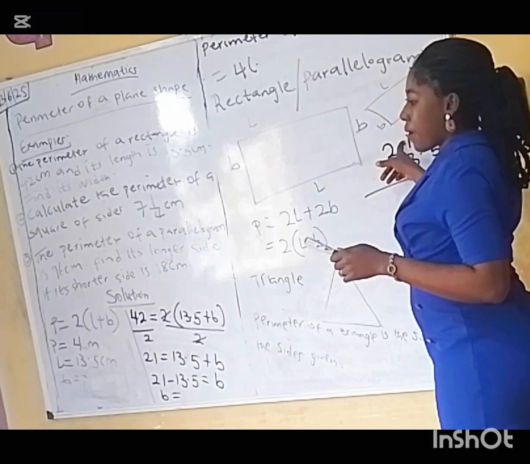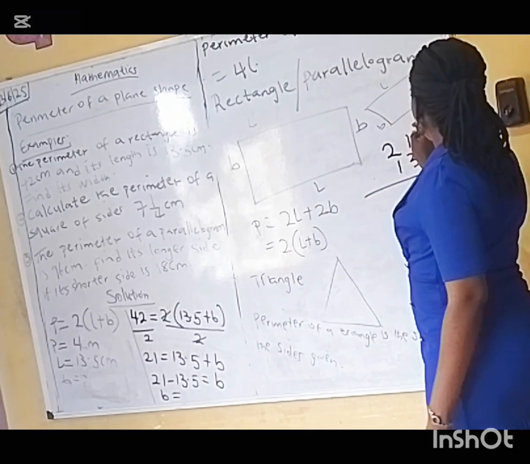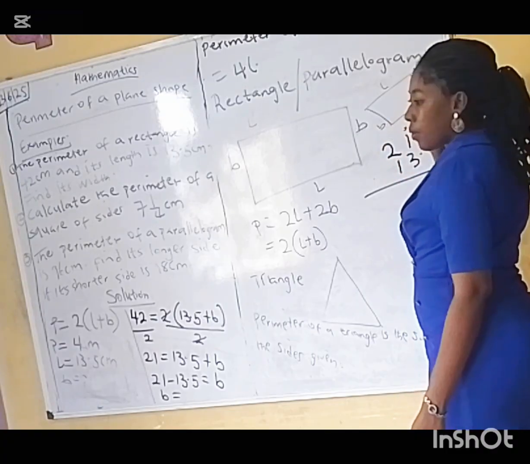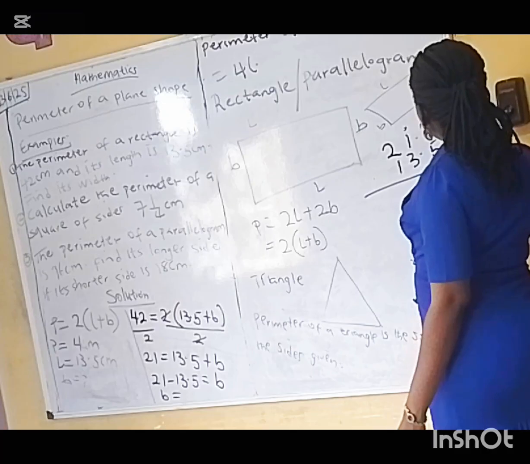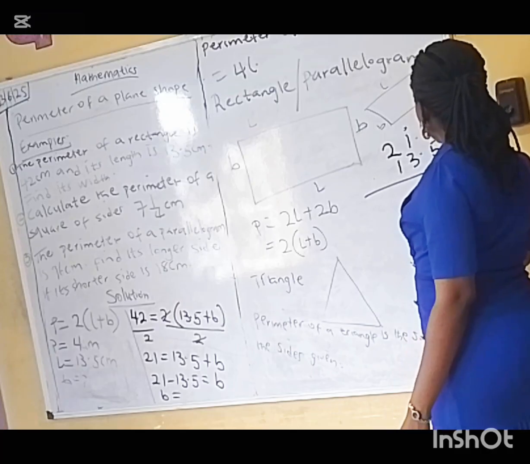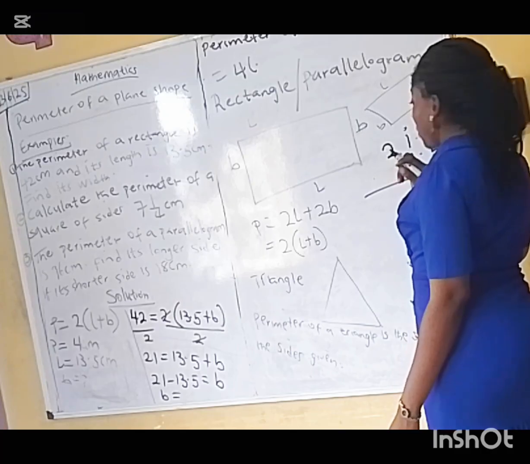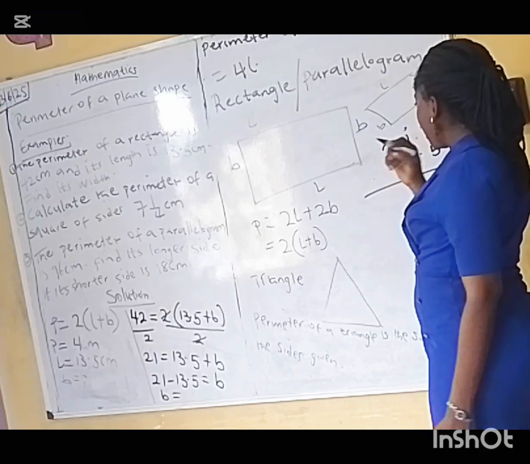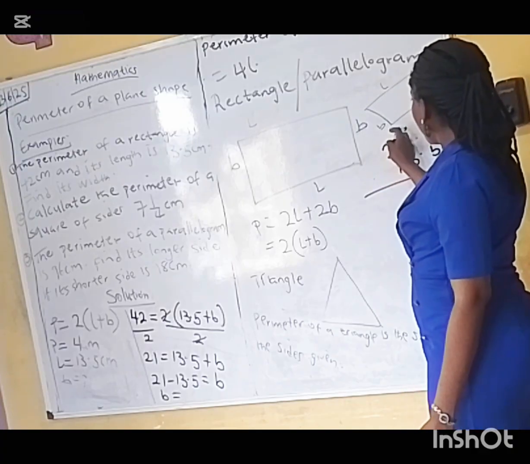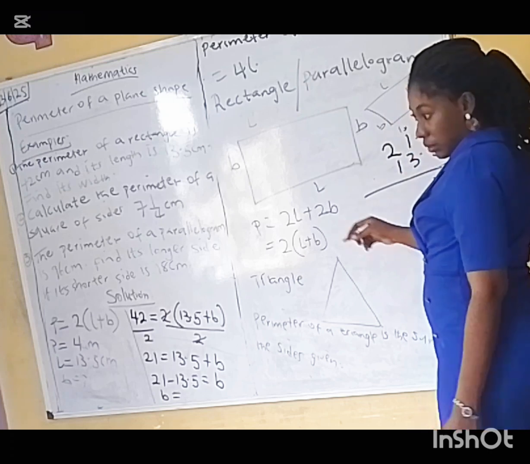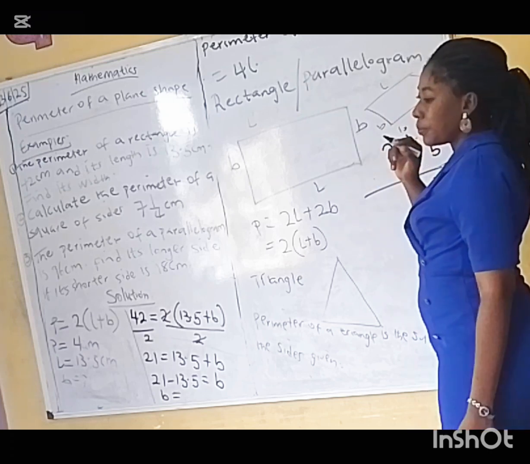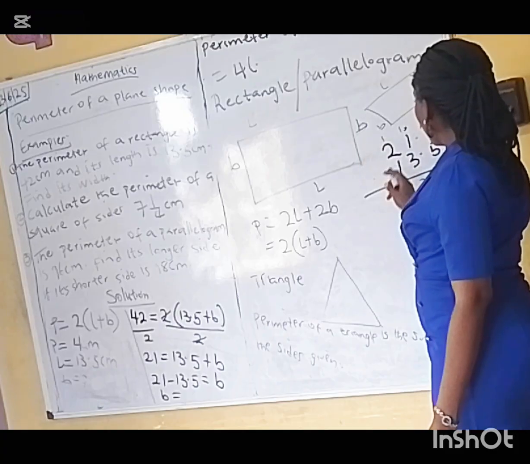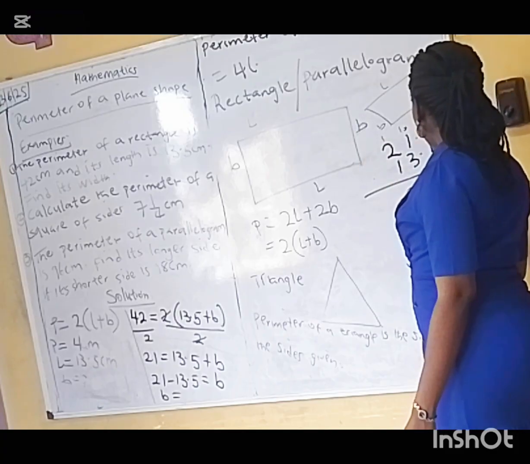Now borrow from here, it becomes 10. This one now becomes 0. 10 minus 5 is what? 5 point. 0 minus 3, cannot. Borrow, now becomes 10. 10 minus 3 is 7. This is 1. 1 minus 1 is 0. So now I have 7.5.